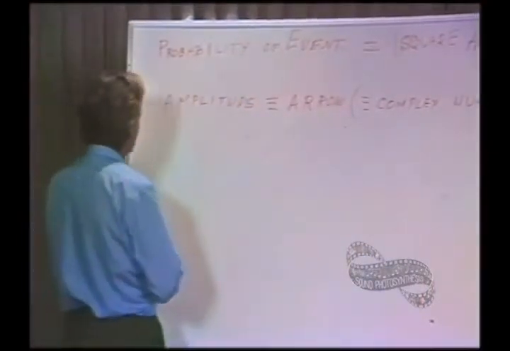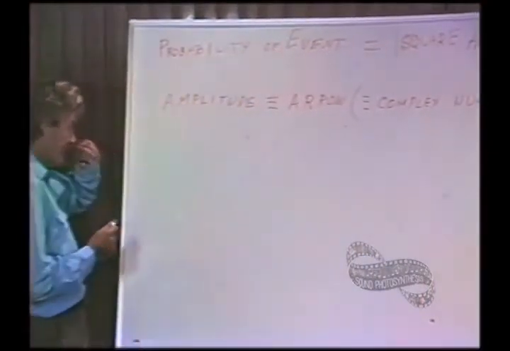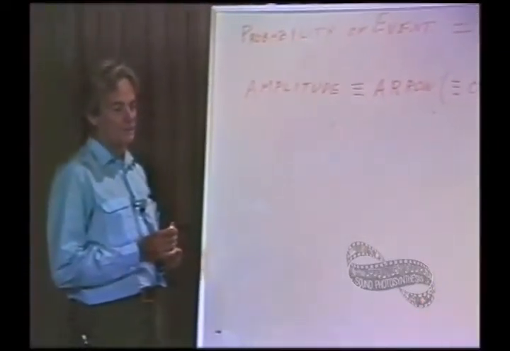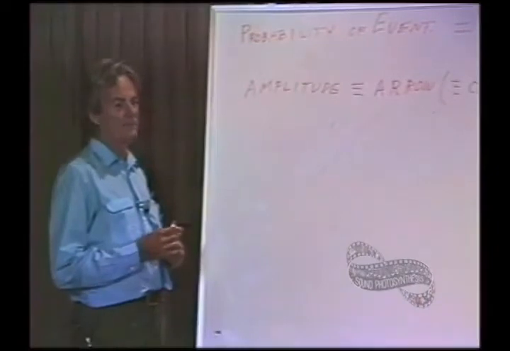The first one of the rules is that if a thing appears to be able to happen in more than one way, then we find the amplitude for each way and add.